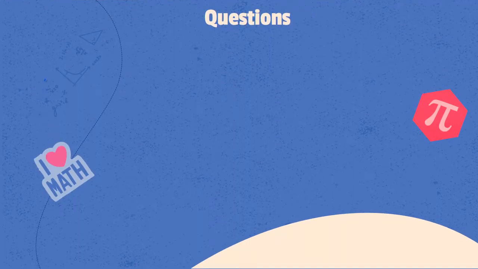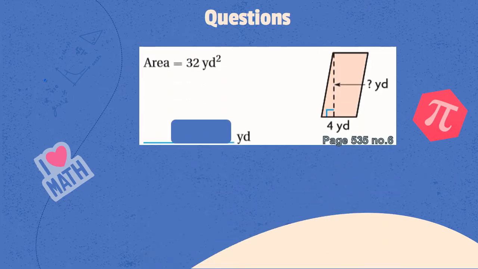Let's start with this question. We have a shape here. It says the area equals 32 yards squared, and he wants to find this height. What shape is this? This is a parallelogram.